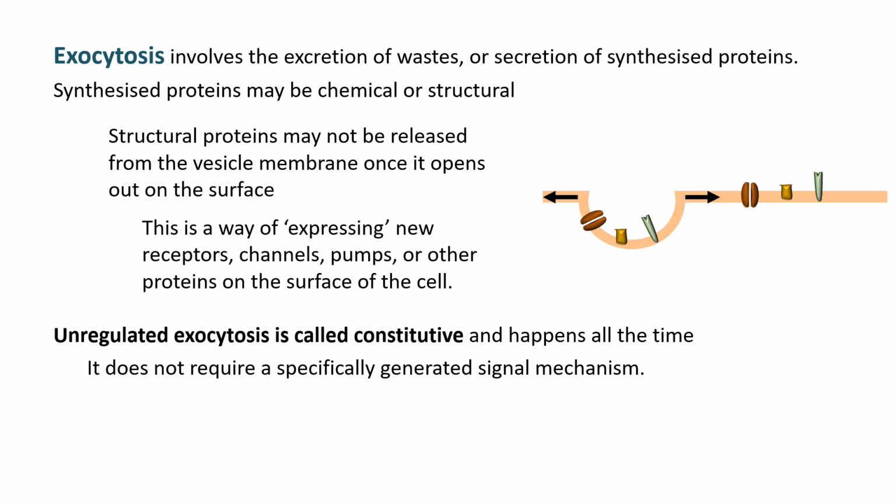This is sort of the activities of daily living, if you like. It happens all the time. There doesn't have to be a specific or a regulated signaling mechanism to stimulate it to happen. It's just one of those things. We talked above about excretion of waste, so that would be constitutive.